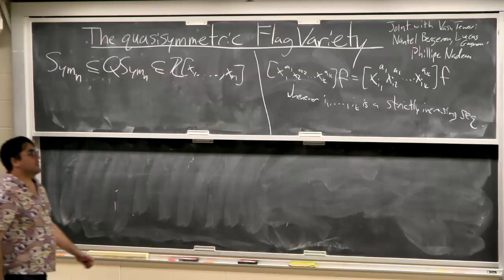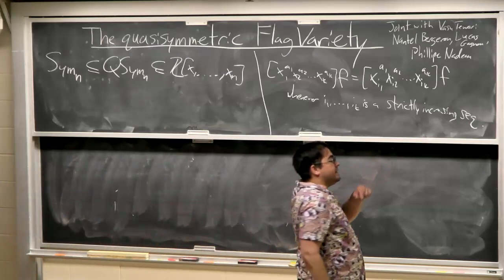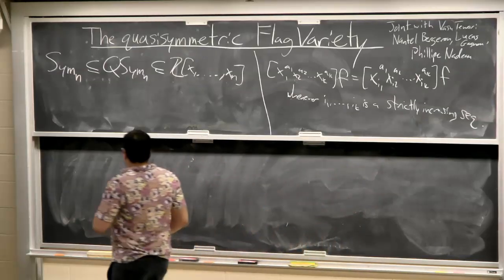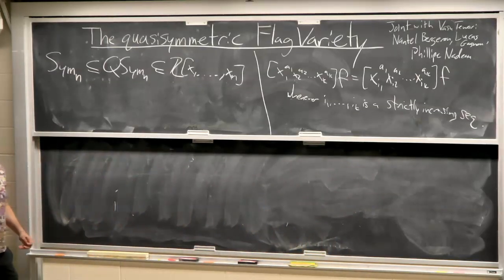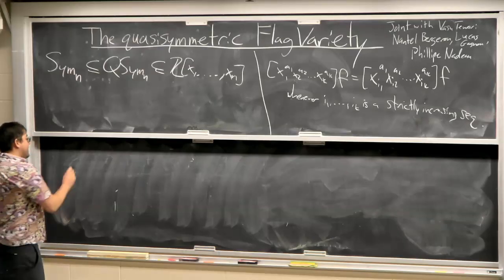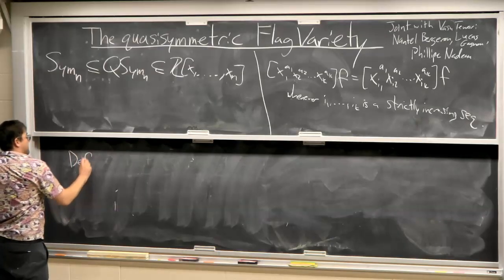Right. So let me tell you how this deformation problem works, like why the nice permutations have anything to do with quasi-symmetry. They relate through the following definition.